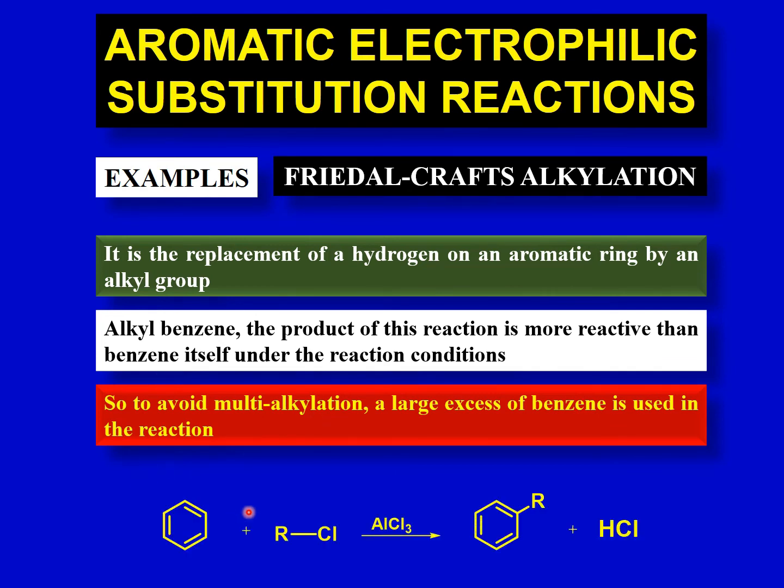This is a general reaction for an alkylation reaction. We have the benzene ring as a substrate. Alkyl halide is used as the reagent of alkylation. And again, we have a Lewis acid. The final product is an alkyl benzene with the formation of HCl.